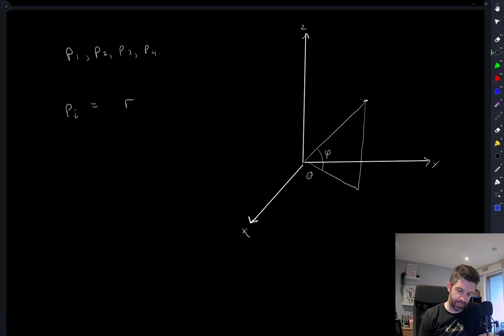But phi I don't actually know what it's going to be. But phi determines the z coordinate.